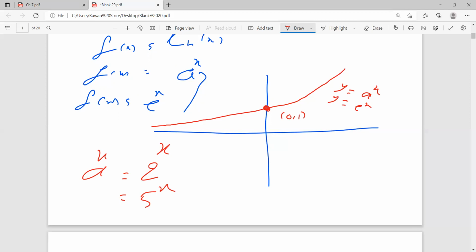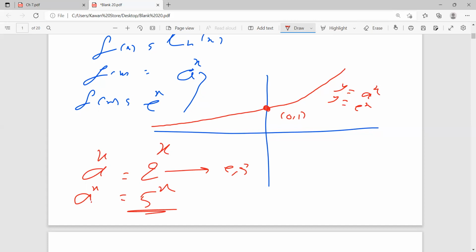So 2 to power x or a to power x is the general form. Sometimes we have a base here. The base may be equal to e, maybe equal to 5, as we have in the second graph. Understood, I say? So this is a general form, and that one is a specific form.